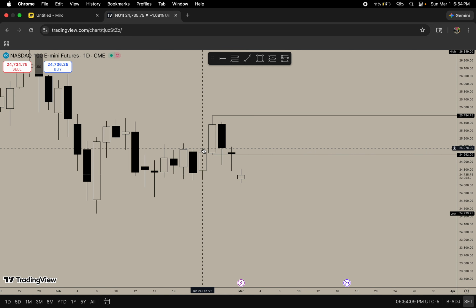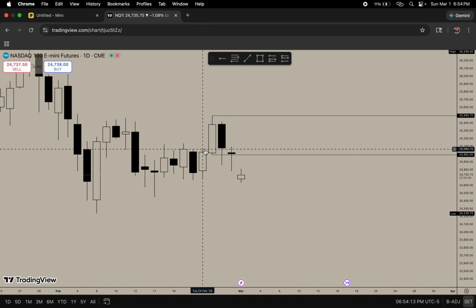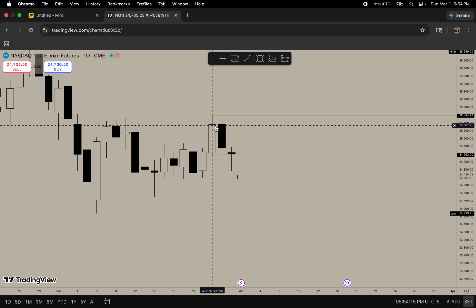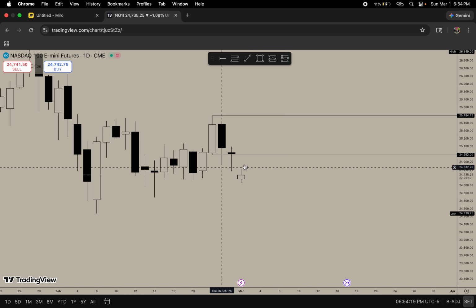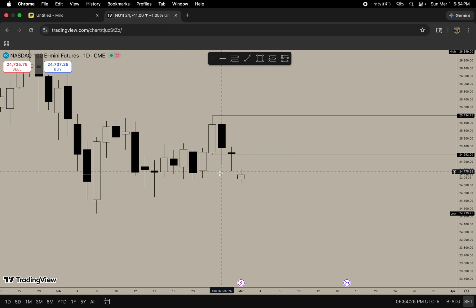Price pushes past this high, closes, takes out these highs, closes above this wick and this candle. What price should have done on Thursday was move higher, but unfortunately we have a candle that refuses to take out the high, takes out the low of the high candle, and closes lower.